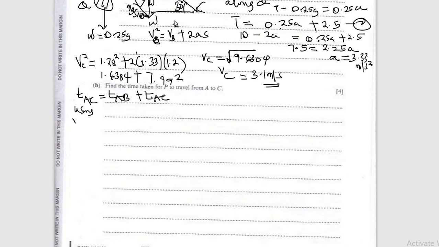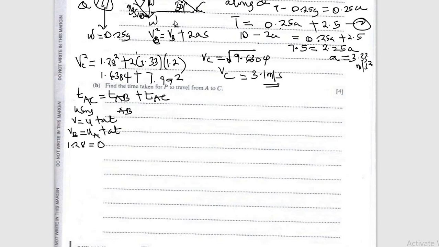So using V equal to U plus AT. For AB, V is the final velocity, U is the initial. We can now get the time. The final is 1.28.